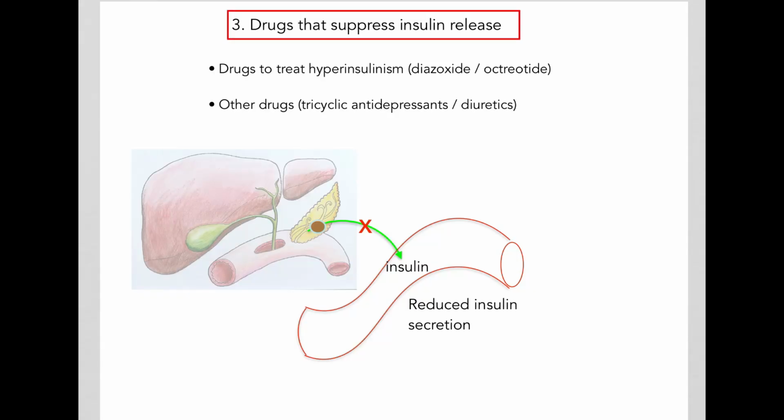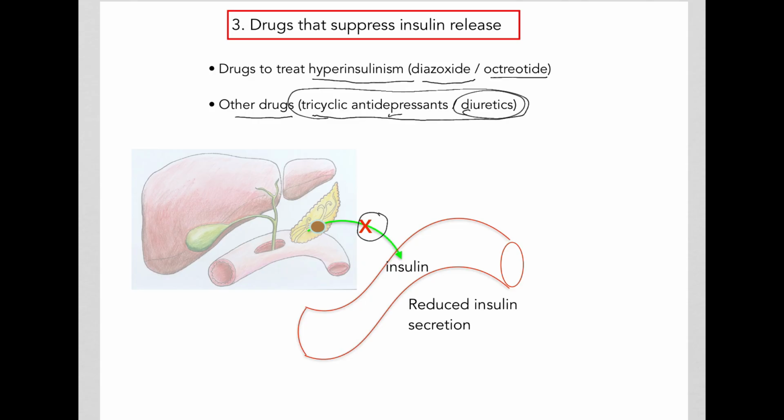Then there are drugs that can suppress insulin release by the pancreas. Examples of these are drugs that treat hyperinsulinism, too much insulin in the blood. Examples of these drugs include diazoxide, octreotide, as well as other drugs that patients may be taking for other diseases, such as the tricyclic antidepressants, as well as diuretics.